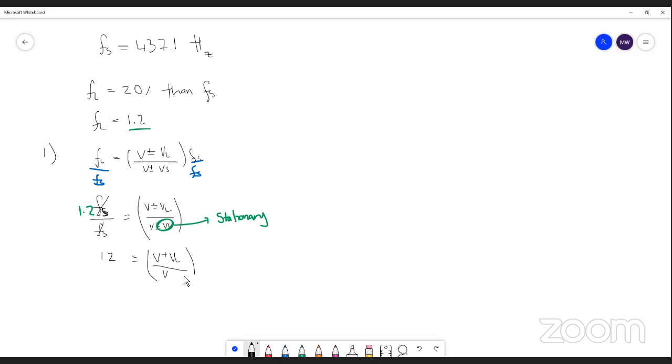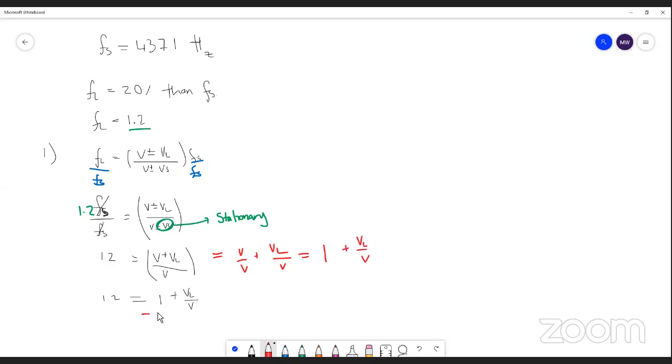And then I'm just going to change that bracket so that it becomes 1 plus VL over V. The reason I can make it that is because we are basically saying V over V plus VL over V, which is equal to 1 plus VL over V.